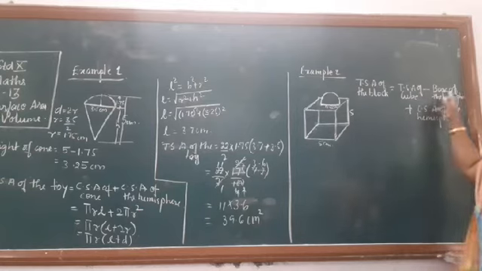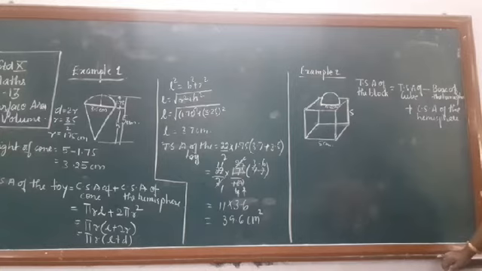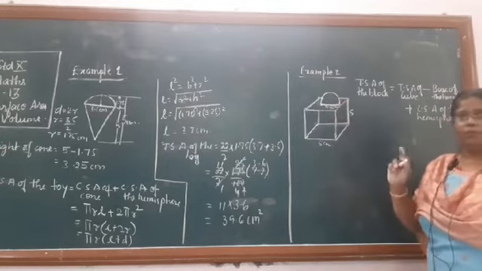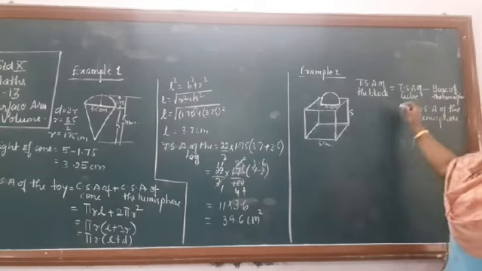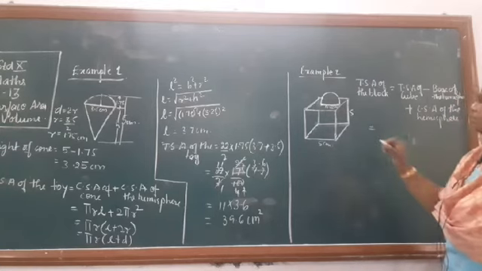So that is why we have subtracted the base of the hemisphere, उतना पार्ट हमको हटा देना है, और curved surface area of the hemisphere also, ठीक है. So this is what we have the total surface area of the block, okay.